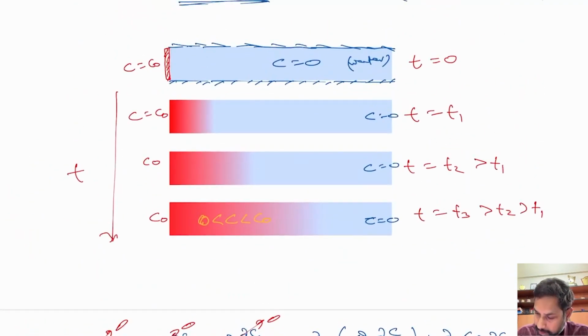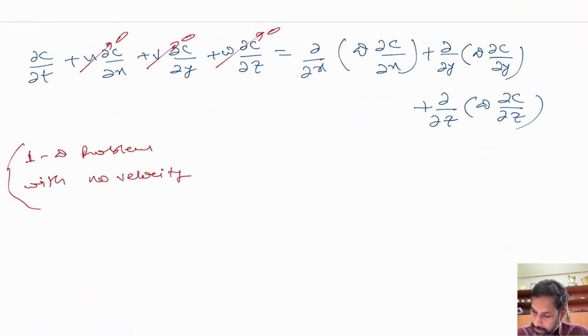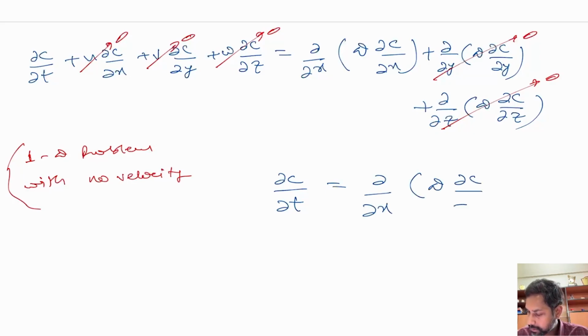So let's consider that this is our x-axis, right? In that case, this term will become 0, right? And what we are left with here is dc over dt is equal to d by dx of D dc over dx. All right, and remember that we are assuming the Peclet number to be equal to 0.